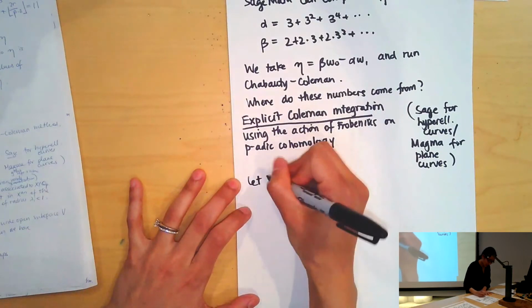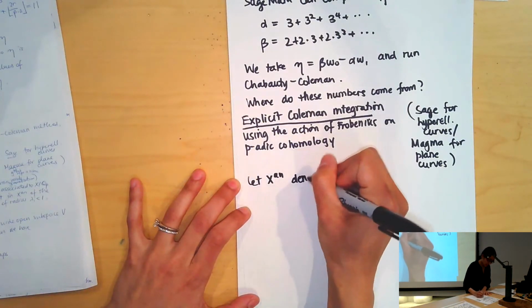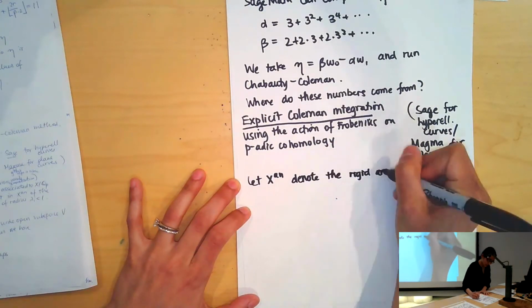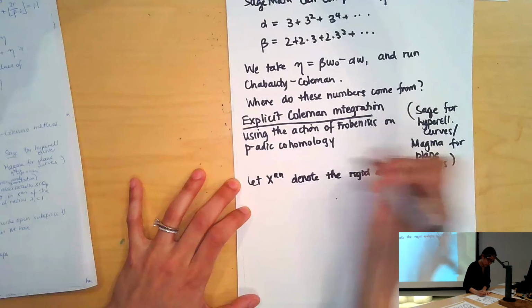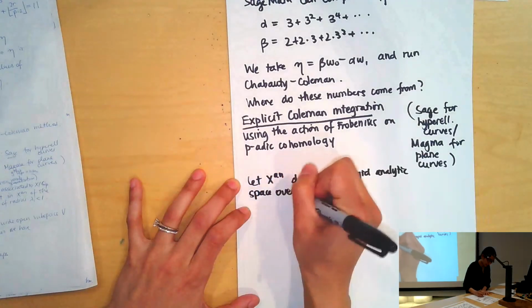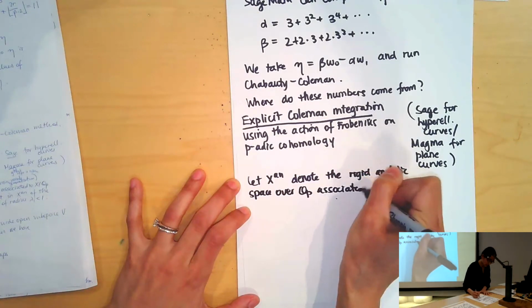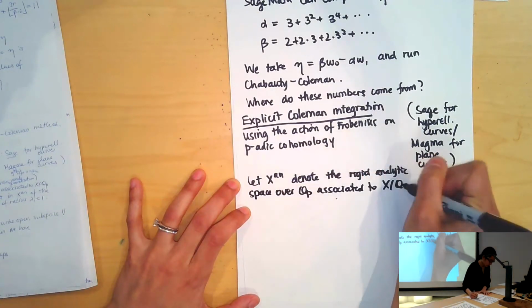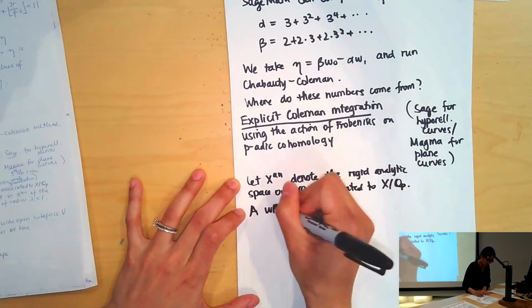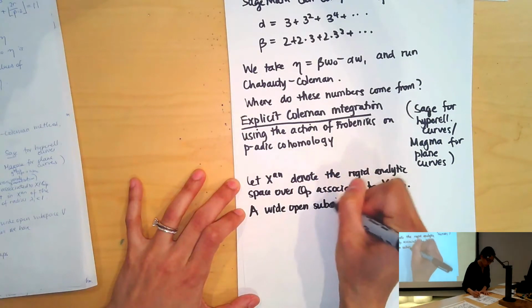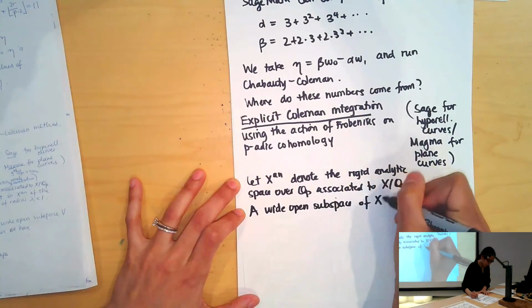I'm going to let X^an denote the rigid analytic space over Q_p associated to my curve X. I'm going to want to integrate over a wide open subspace of X^an.